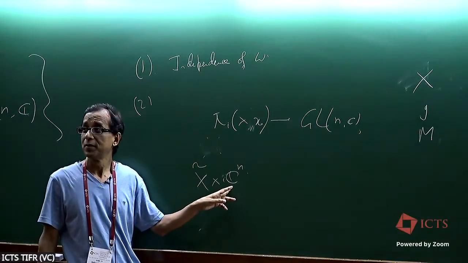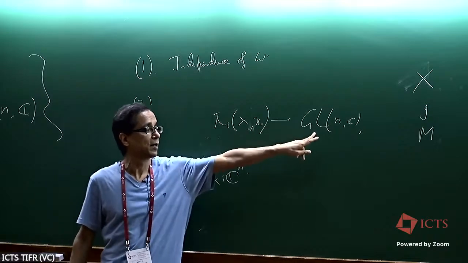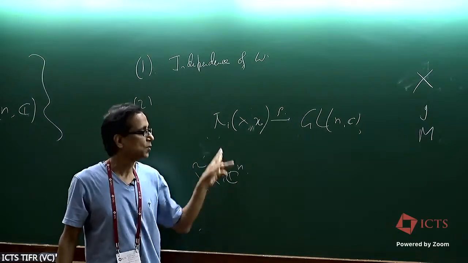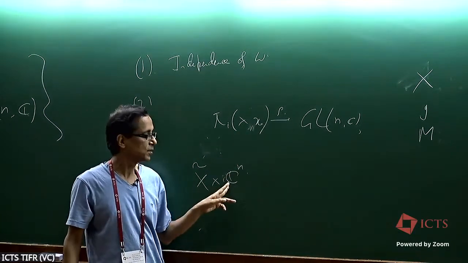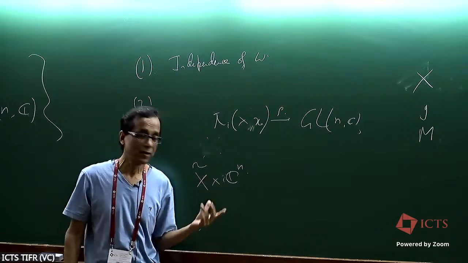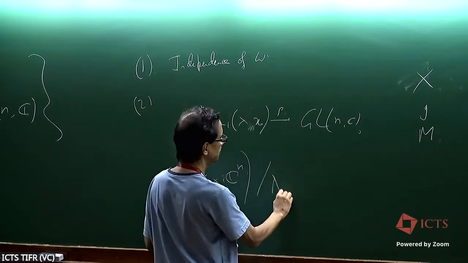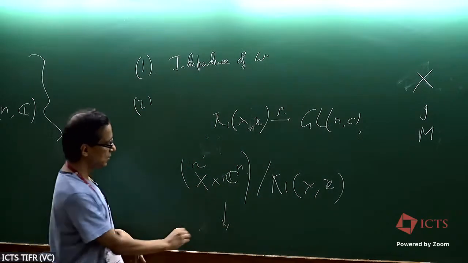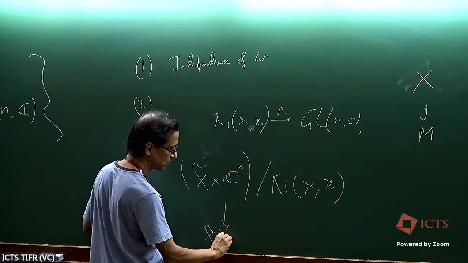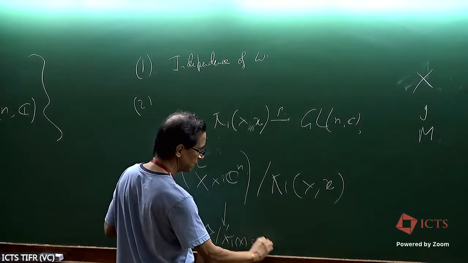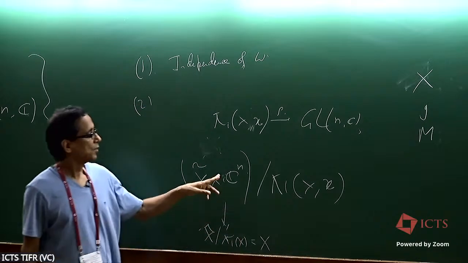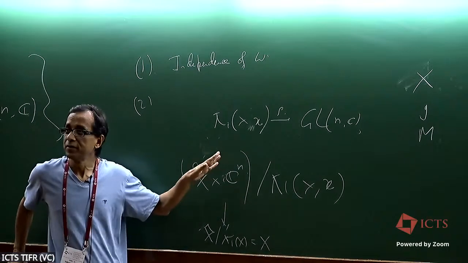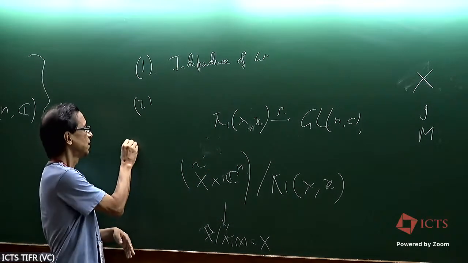It acts on C^n by the standard representation. Pi 1 of X goes to GL_n(C) by rho, and GL_n(C) acts on C^n. So using rho, pi 1 of X acts on this, so it acts on the product by the diagonal action. I go modulo the quotient. On the other hand, I can take just X tilde modulo pi 1 of X, which is just X. So this is a bundle over X, and it is a bundle with a flat connection, because we started with a trivial bundle, X tilde cross C^n.